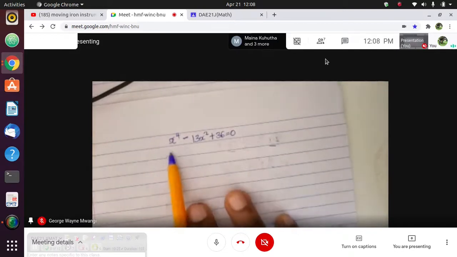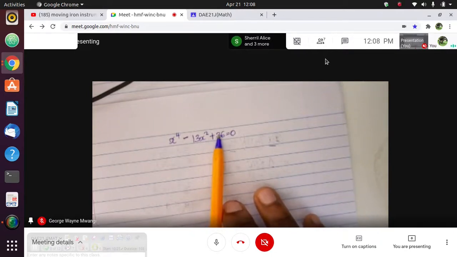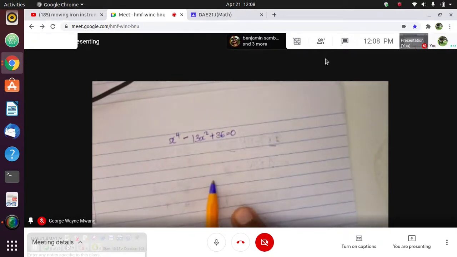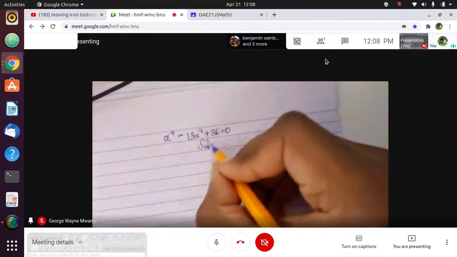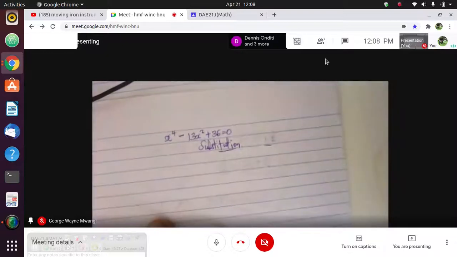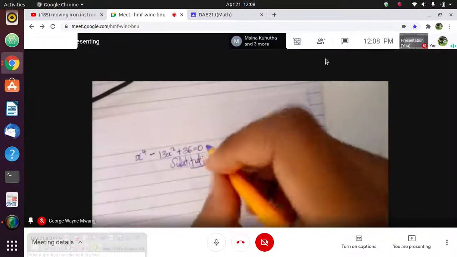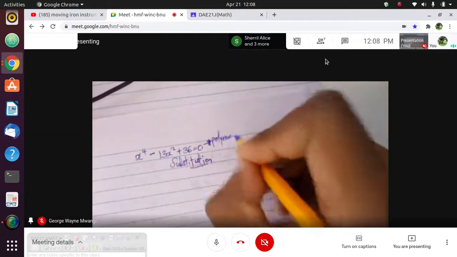We have been given x raised to power 4 minus 13x squared plus 36 is equal to 0. What do we do? We will use something known as substitution to solve for this expression. And what we will do is reduce this polynomial expression to become a quadratic one.